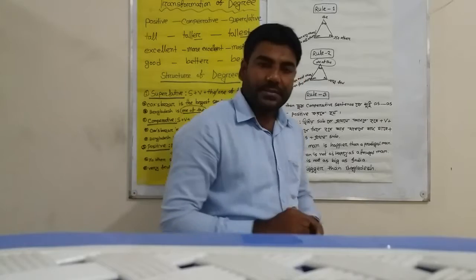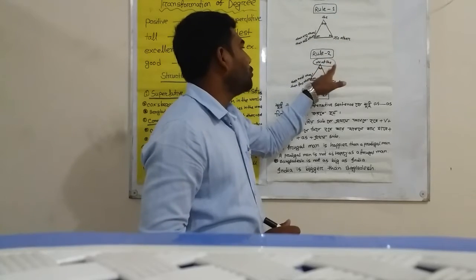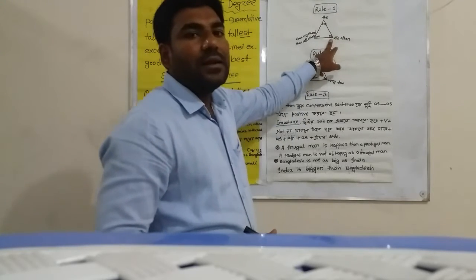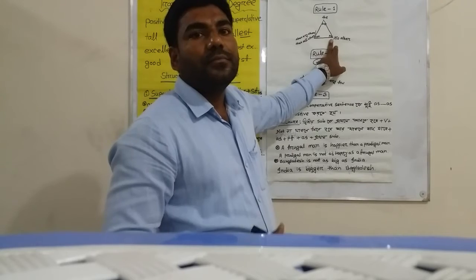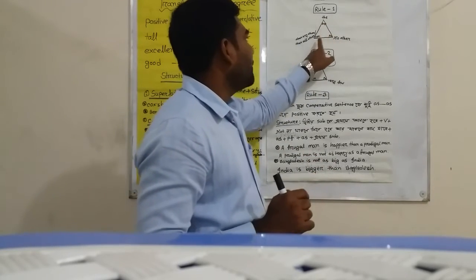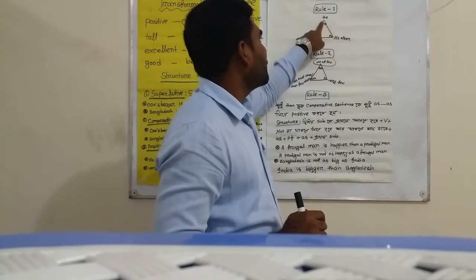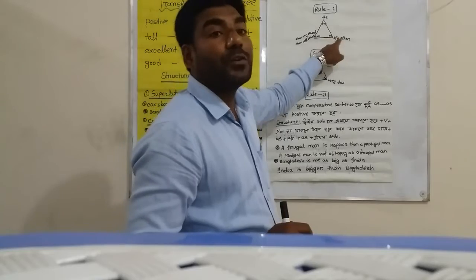Okay, please attention here. I have here shown 2 rules, rule 1, rule 2. There are 6 rules between the triangle. How? From superlative to comparative, comparative to superlative, superlative to positive, positive to superlative, comparative to positive, positive to comparative.